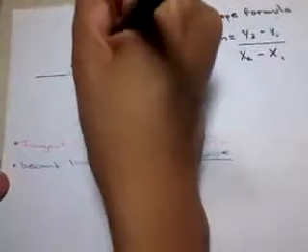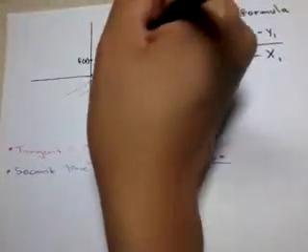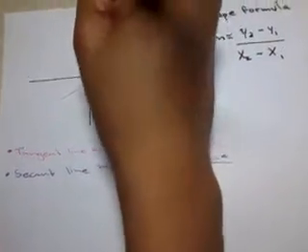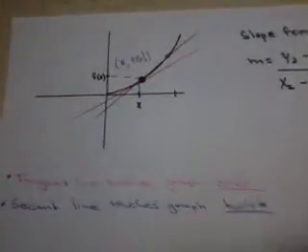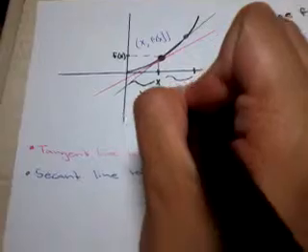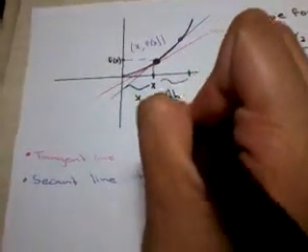So we can say that this point is x comma f of x, while this is x amount of units, and this is delta h, or we can just let it be h.